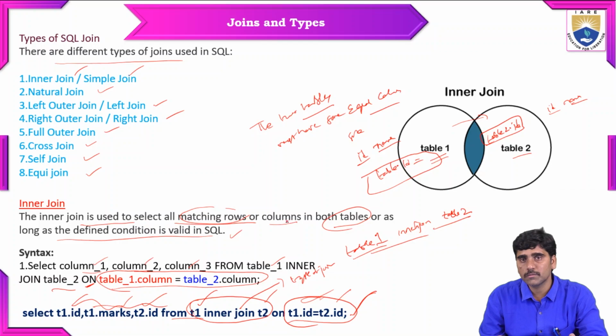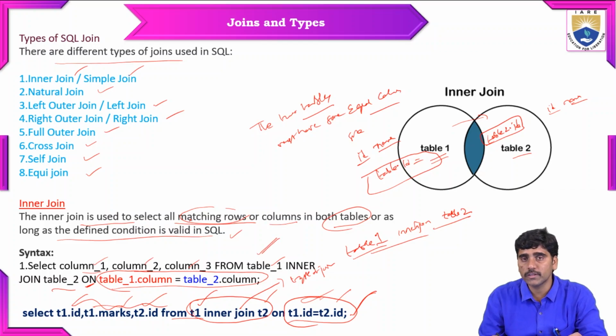Inner join is the simple join. But before performing the join operations, the columns in table 1 and the columns in table 2 must be of equivalent size.